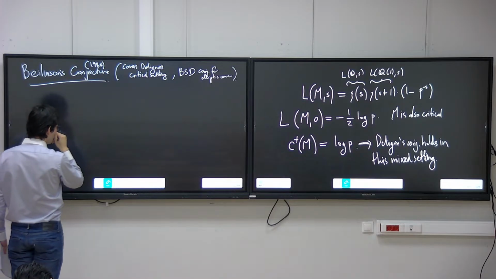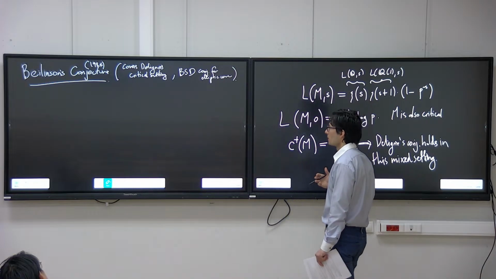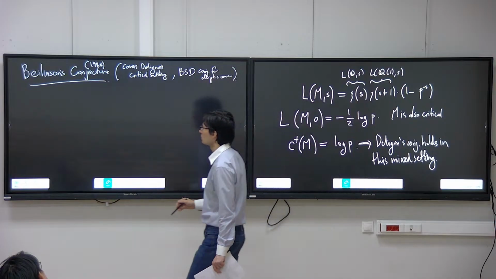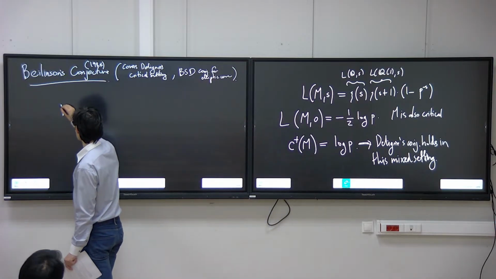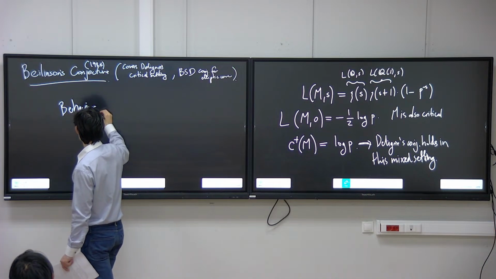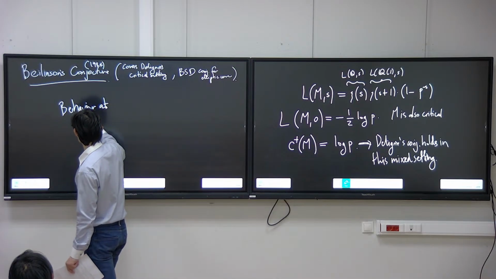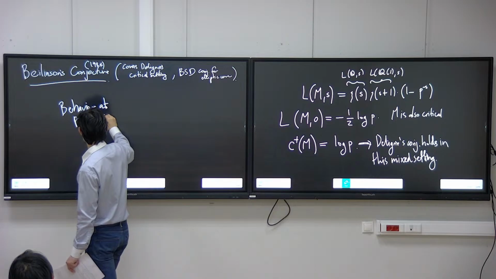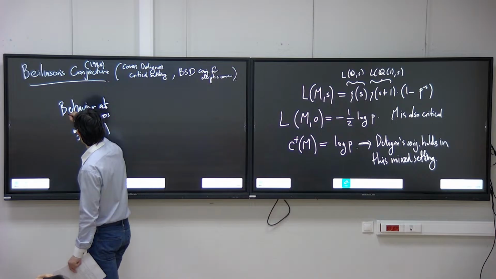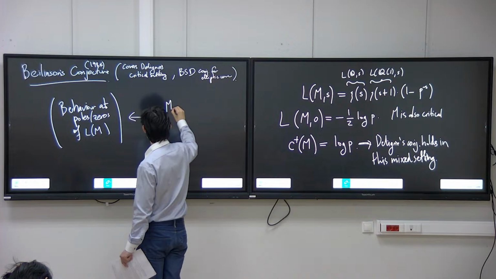So it turns out that a crucial ingredient in Beilinson's conjecture is his intuition that behavior at poles or zeros of L is somehow related to motivic cohomology.